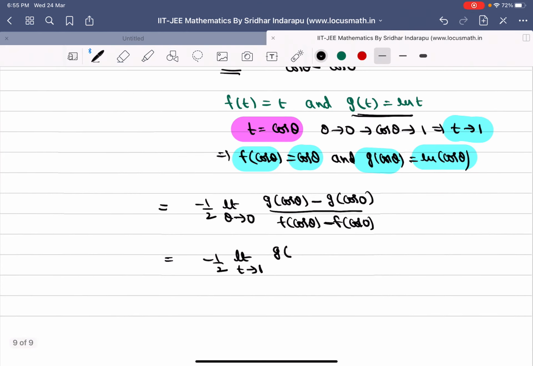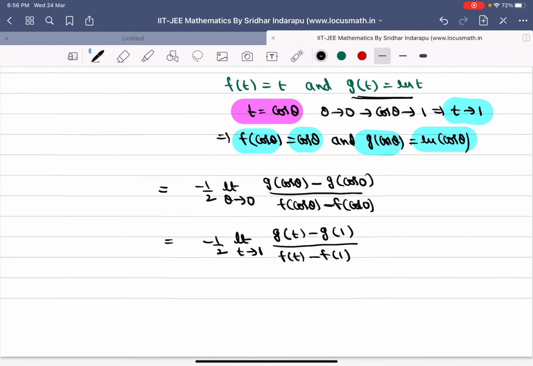So this is equal to g of t minus g of 1 over f of t minus f of 1. Now you divide numerator and denominator by t minus 1. Therefore, (g of t minus g of 1) over (t minus 1), over (f of t minus f of 1) over (t minus 1).